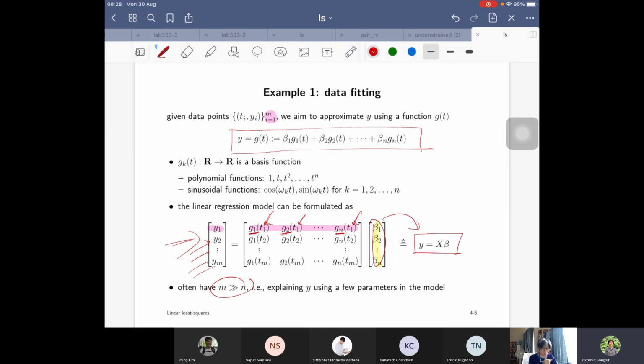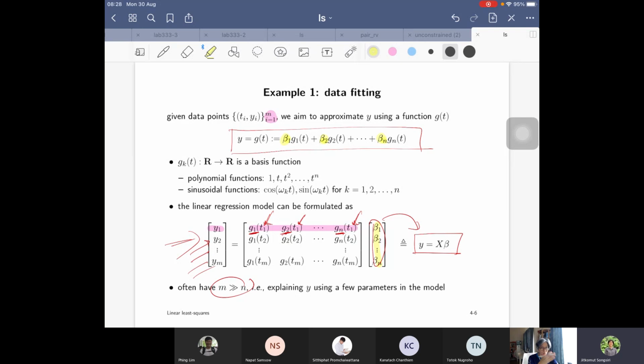You would prefer to solve it using linear least square. So the first step is to recognize that your model is linear in the parameters, in the regression coefficients. Whenever your y is linear in beta, and that depends on your model assumption. Sometimes you come up with a nonlinear model.